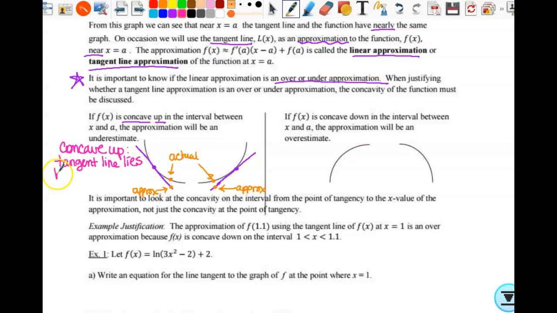Therefore, the approximation is less than the actual. So that means it is an underestimate. You know what that means? Okay, good.